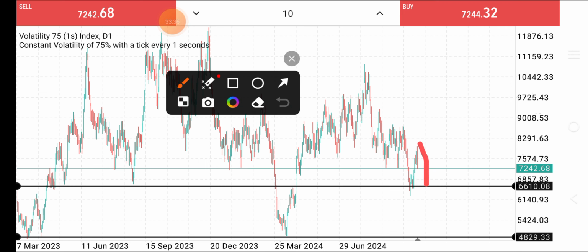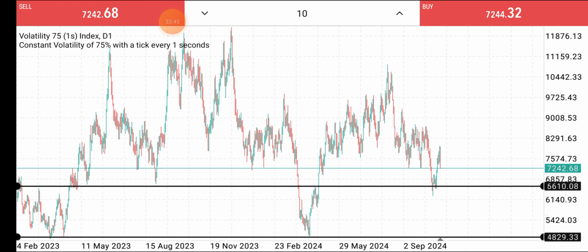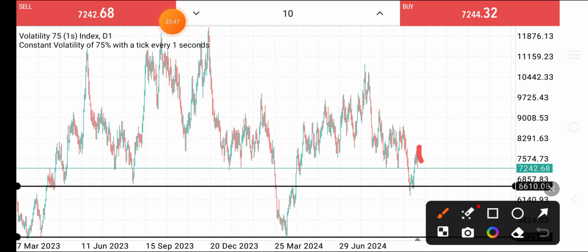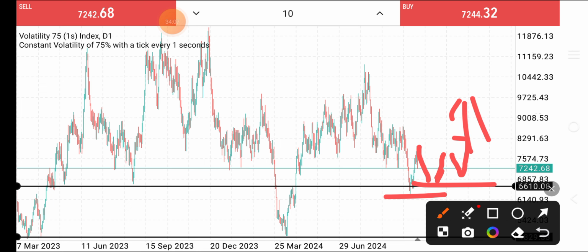If it breaks out from here and doesn't pass this level, you pull up from here, wait for a little retracement, and then enter a buy. If that same retracement pulls back and doesn't go below this other one again, then you should be looking out for a buy trend.